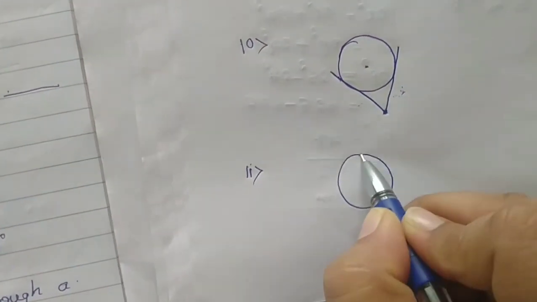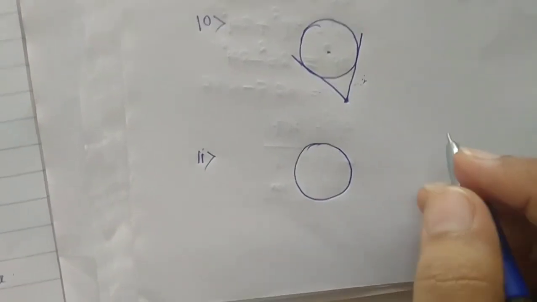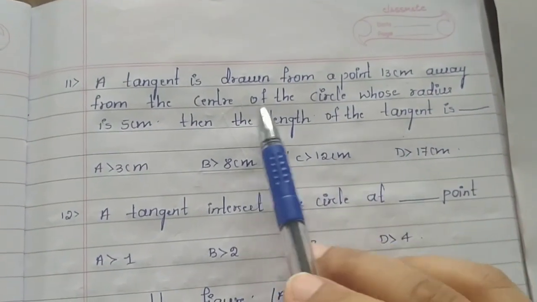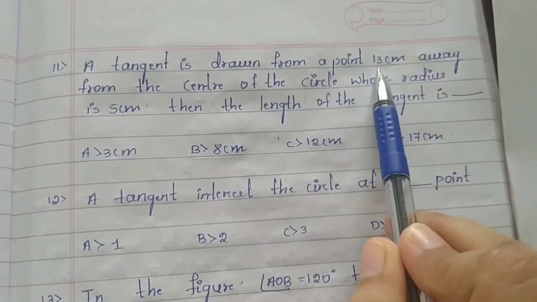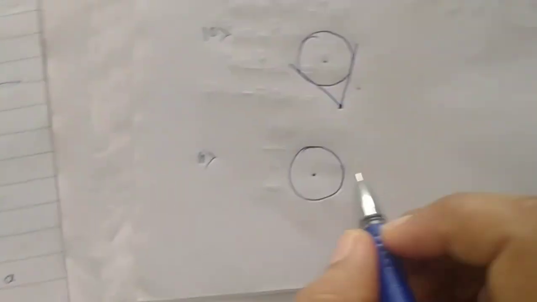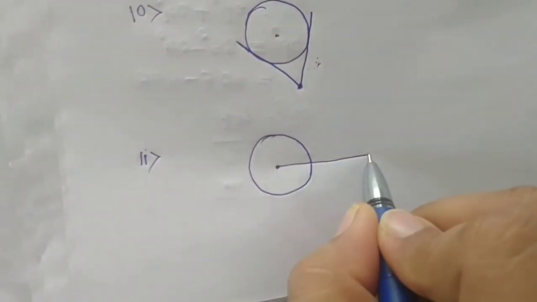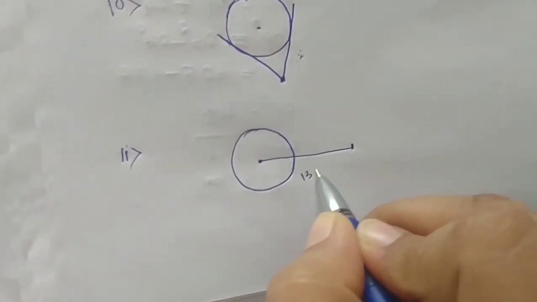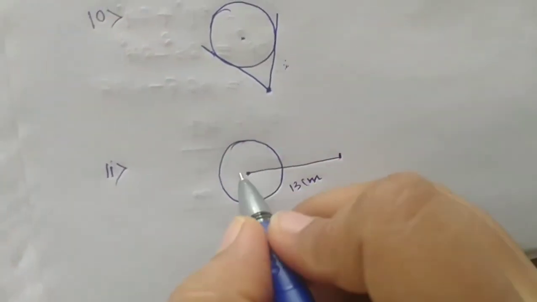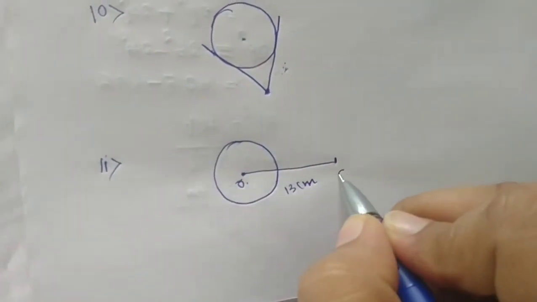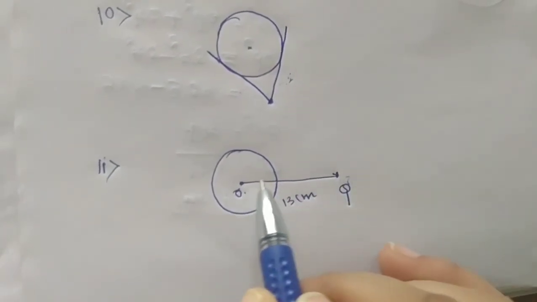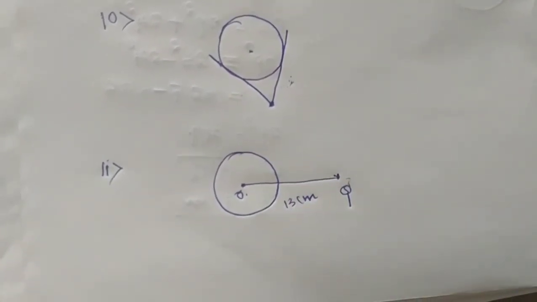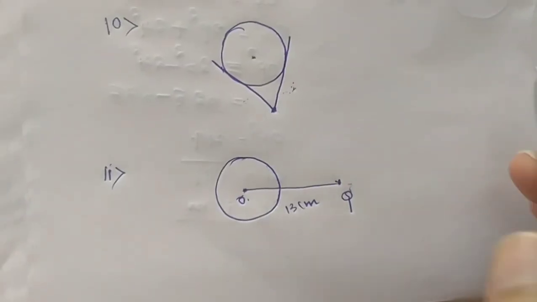Okay, so they have given that one circle is there. It is the center of the circle. See here, a point is 13 centimeter away from the center of the circle. We will give the name over here, that is Q. Q is the external point, so the distance is 13 centimeter from the center.